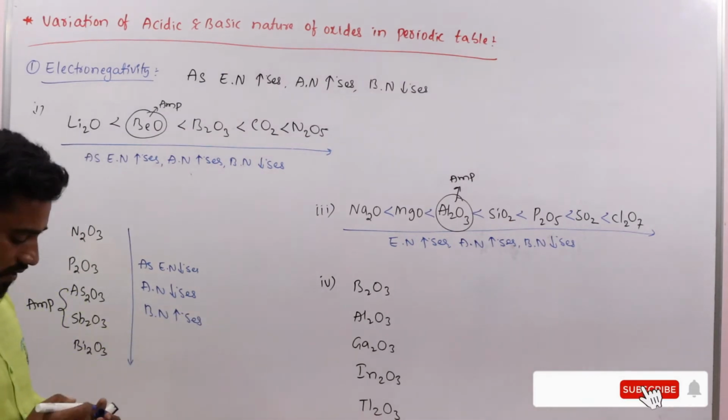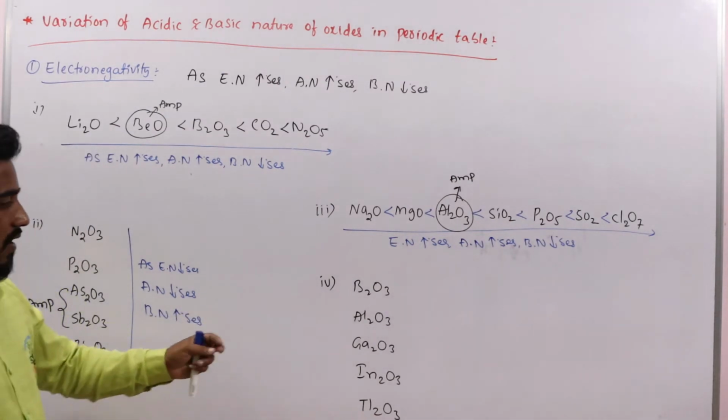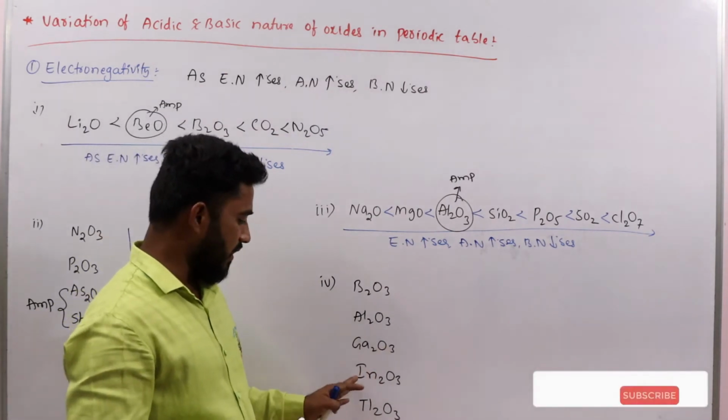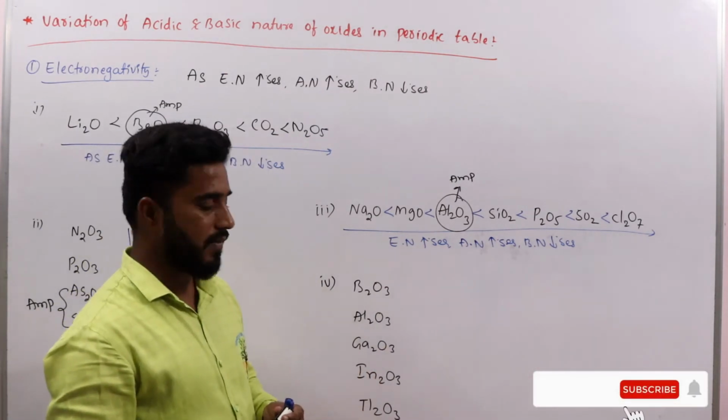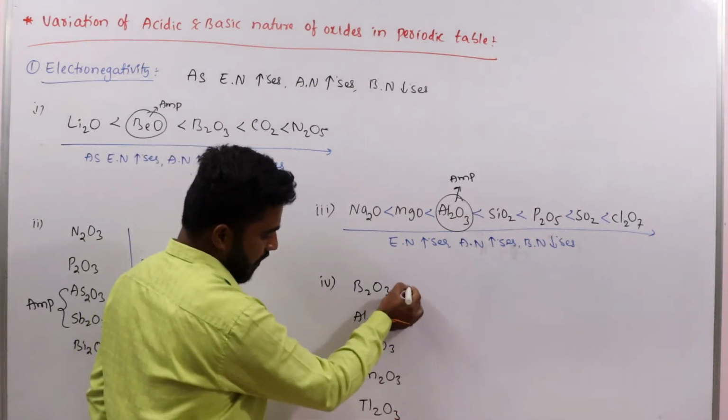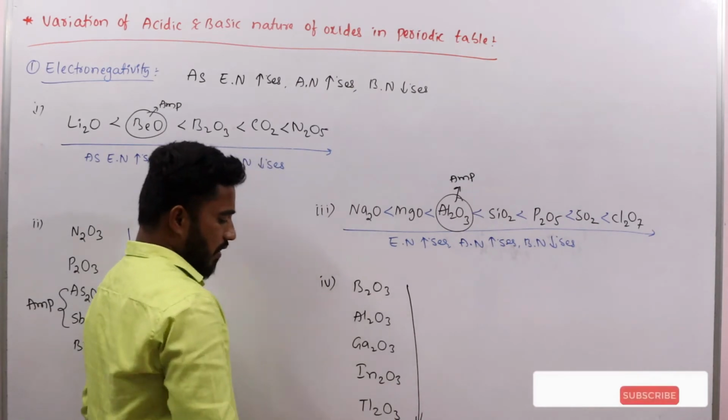Next, let us take B2O3, Al2O3, gallium oxide, indium oxide and thallium oxide, which are from top to bottom in the periodic table.